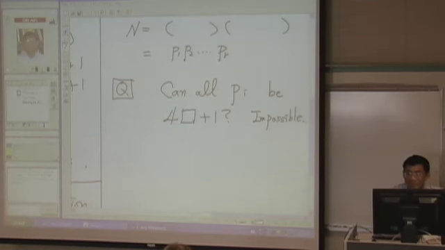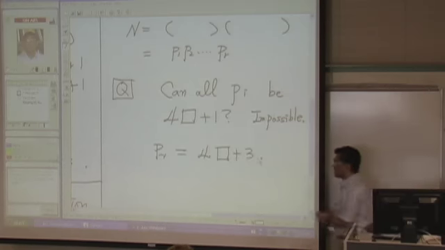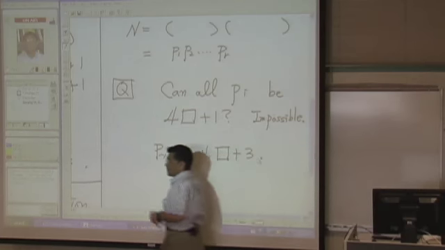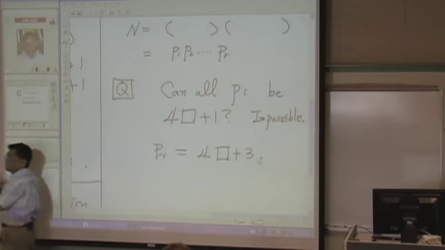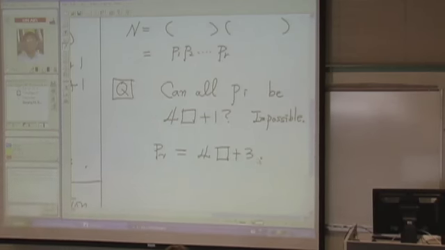In other words, there is some prime number, say P gamma, I used alpha, beta, gamma, having this pattern, or something plus 3 pattern. If you don't agree with me, you can ask. So I'll pause and then you can check.